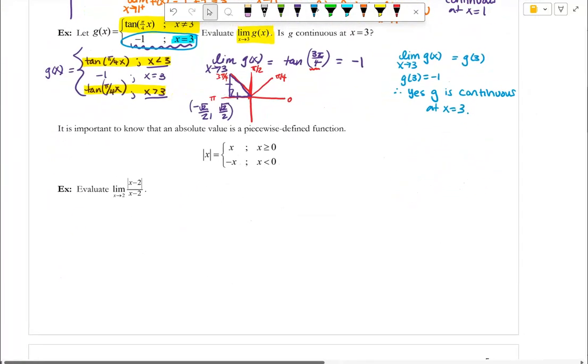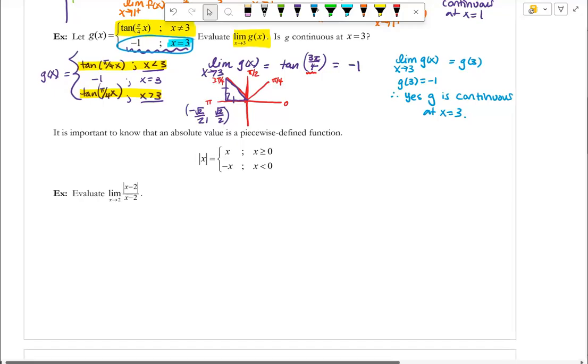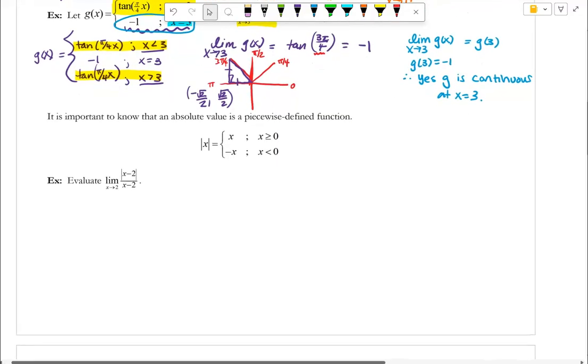All right, the final example that we're going to do for jumps involves absolute value. So when we talk about the absolute value, anytime we have a function with absolute value in it, it's important to remember that the absolute value function is a piecewise defined function.